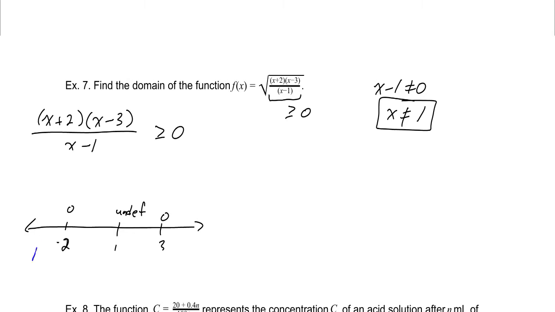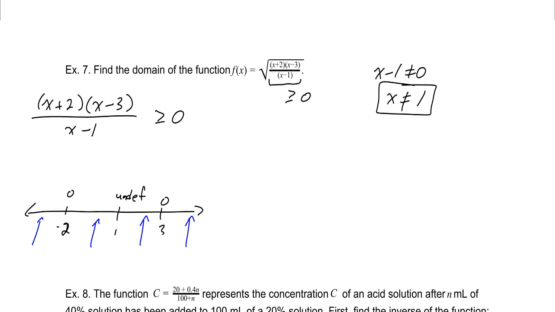Let's pick x values in each of these intervals and see which ones are greater than or equal to 0. Let's go with 0, a very good choice here. We have x equals 2 and x equals 4. Let's evaluate this function at each of those values: (x plus 2)(x minus 3) over (x minus 1).